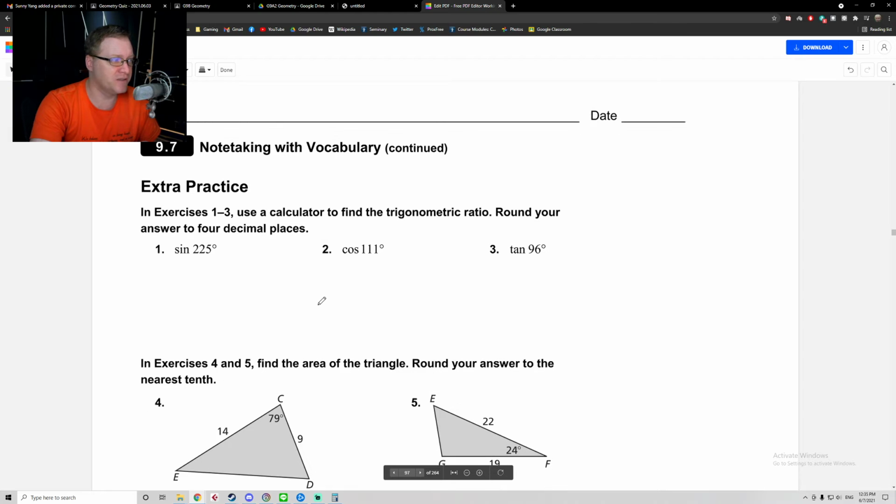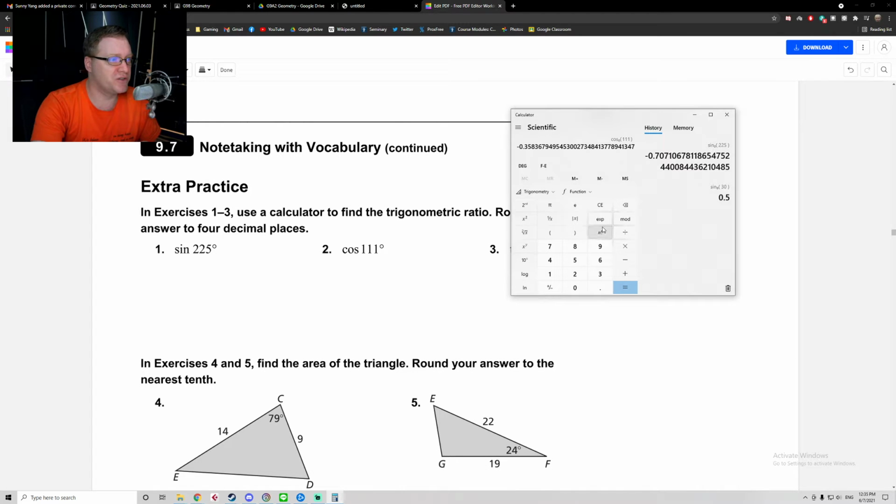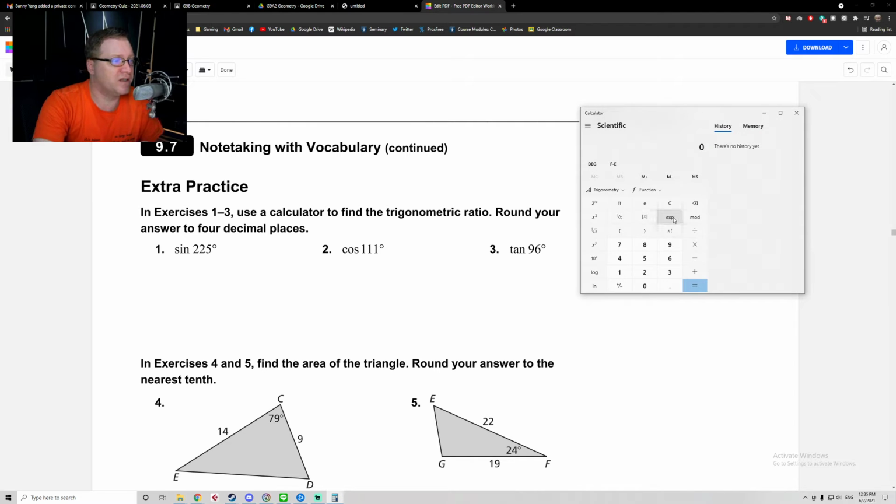Here I have a calculator. It's very easy. You should be able to do this with any calculator as long as it has a tangent, sine, cosine function on it, which a scientific calculator does. You can do these.